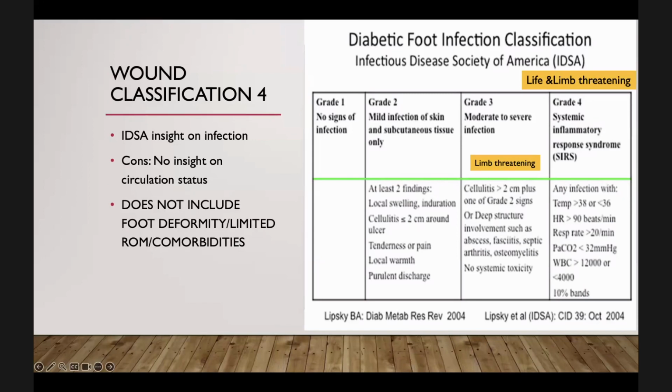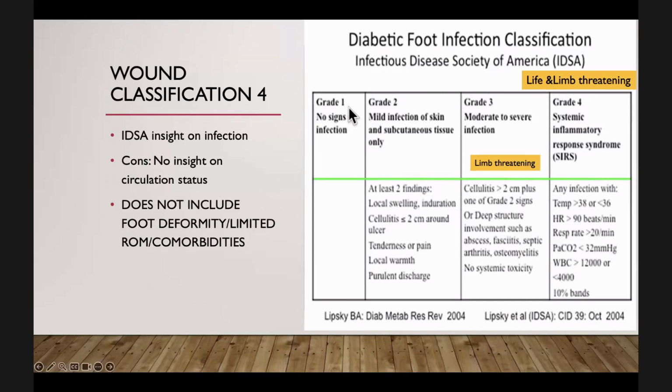So if they ask you what is IDSA classification, we have grade 1, grade 2, grade 3, grade 4. That was covered, I thought. Yeah, it was. It was a quiz question. So what's the problem? I didn't recognize IDSA. Okay, I'm sorry. But anyway, it means Infectious Disease Society of America, IDSA classification.